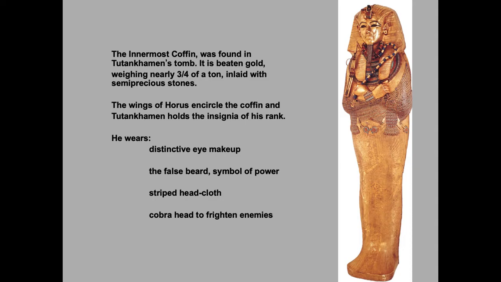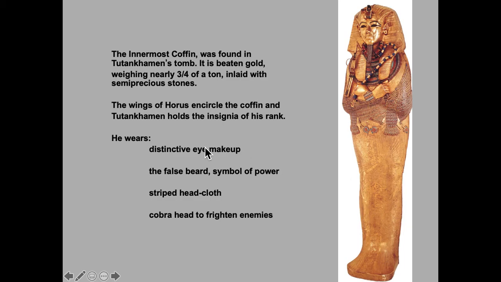Okay, so when we're looking at this piece, which we already looked at a little bit, we see the wings of Horus around this coffin. We're calling it a coffin, but technically they would call it a sarcophagus. So these are the wings of Horus wrapping around him.